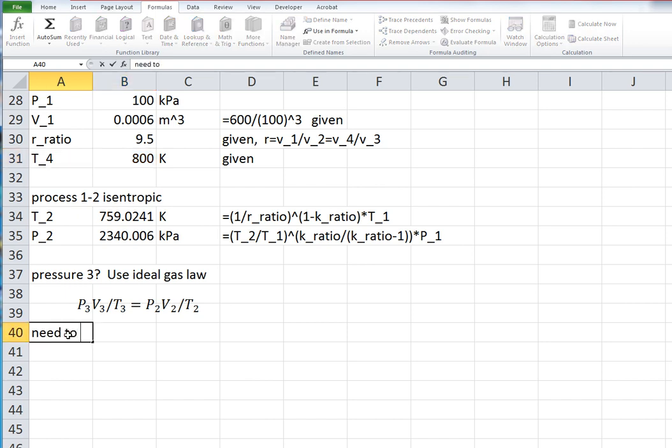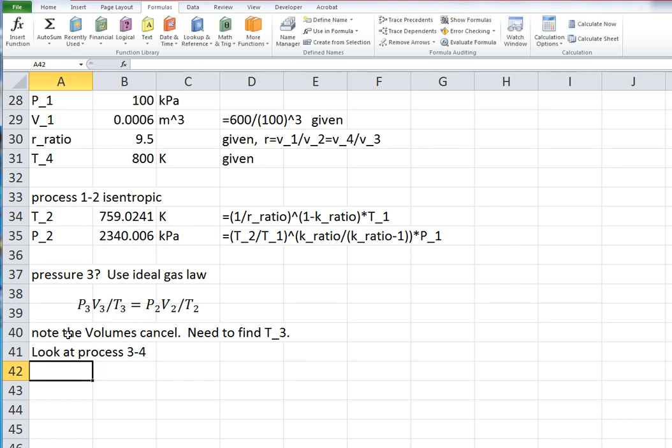So we look at process 3 to 4, we can find T3 from the ratio of V3 over V4, which again is 1 over R, raised to the 1 minus K power. And that relates that to T4.